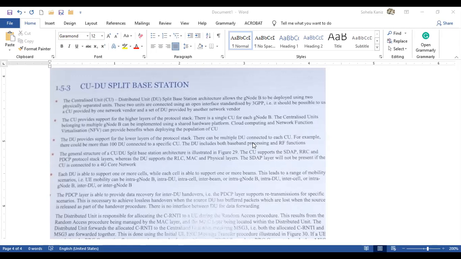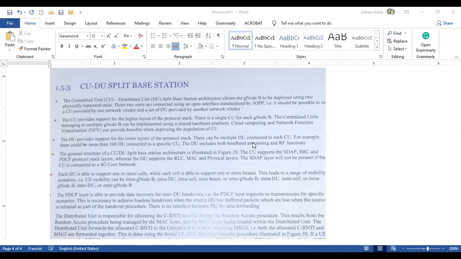When you transfer data, physical or MAC layers are implemented in the base station, but we also have the RNC behind the base station, and then you connect to your core network. So the upper part of the protocol stack is implemented in the RNC in the case of 3G. But later in 4G, everything was put together in the base station.